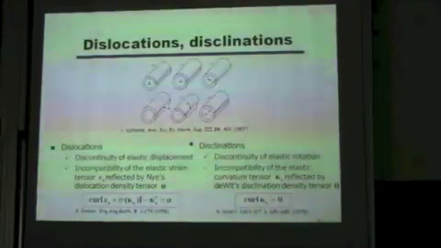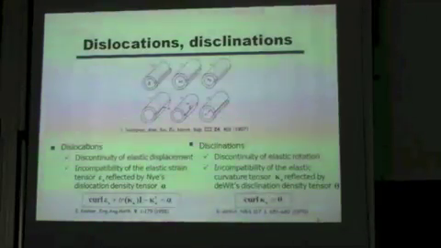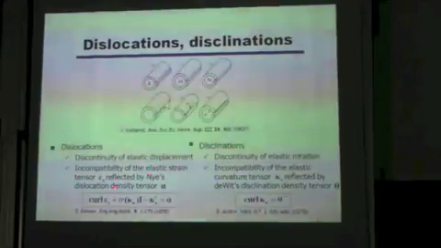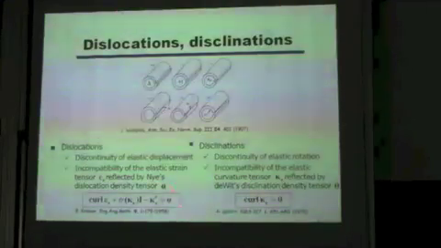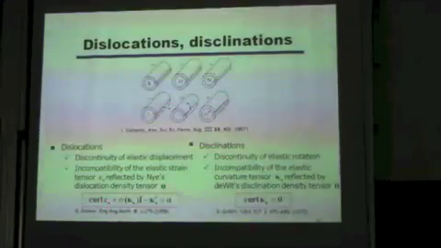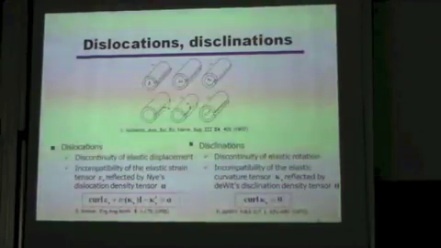That is, we replace the discontinuity of the elastic displacement by the incompatibility of the elastic strain tensor, which is reflected by the dislocation density tensor alpha. So this is what relates these two. So epsilon elastic is obviously the classical notation, the elastic strain tensor. This kappa elastic is the curvature, the elastic curvature tensor.